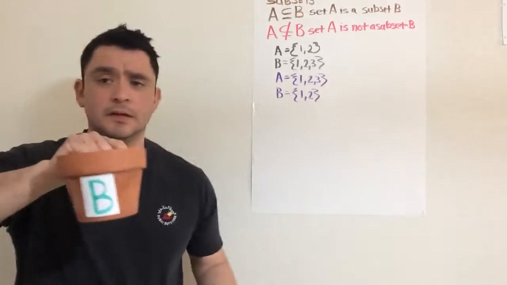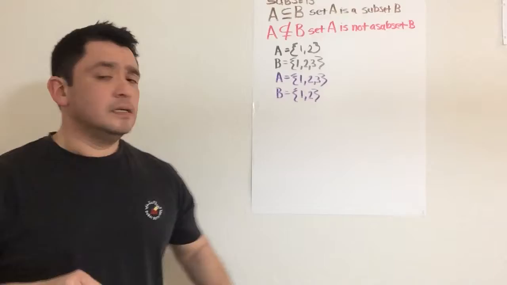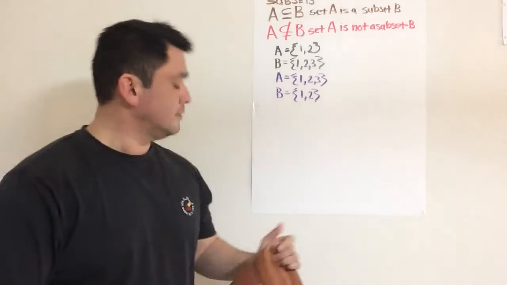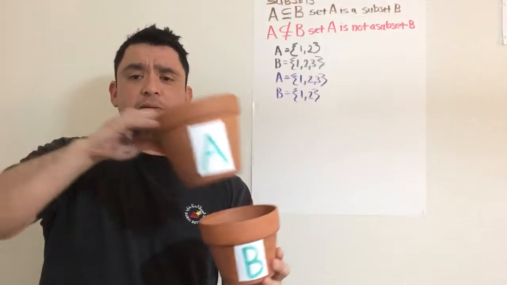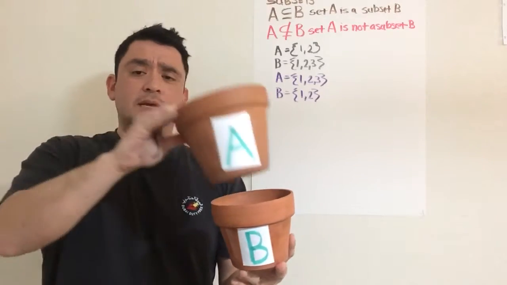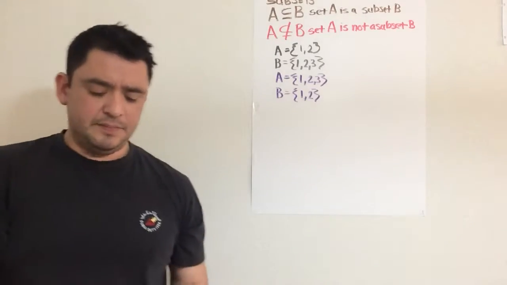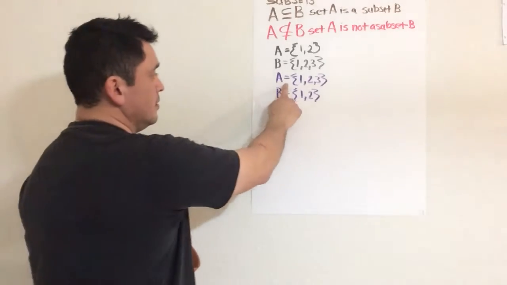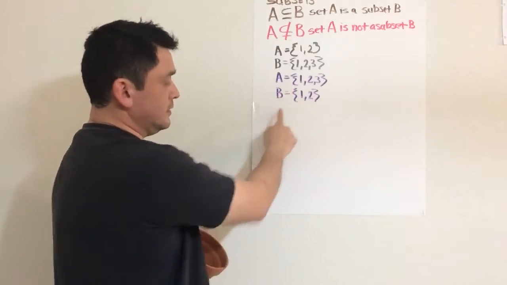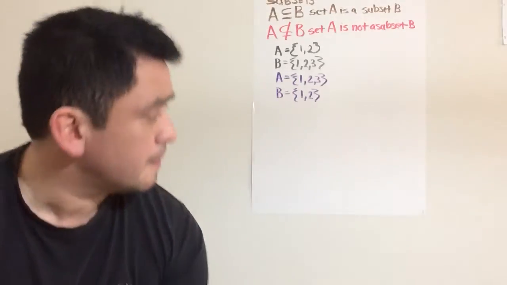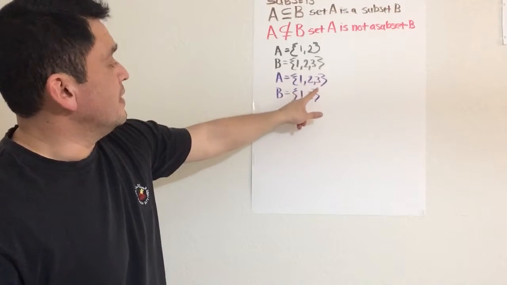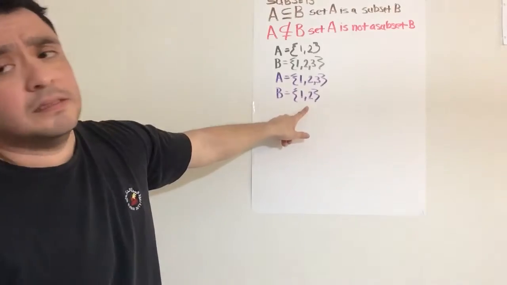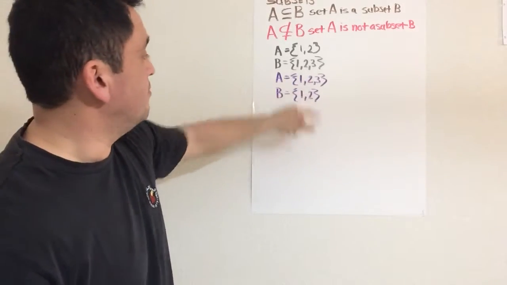Set B, 2 elements. Set A, 1, 2, 3. I remember in the sentence structure, A has to be a subset of B. So A cannot be a subset of B in this particular set of sets, because A has one or more that is not like set B. It's not going to fit.